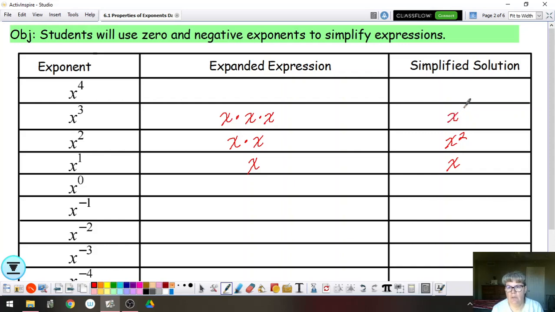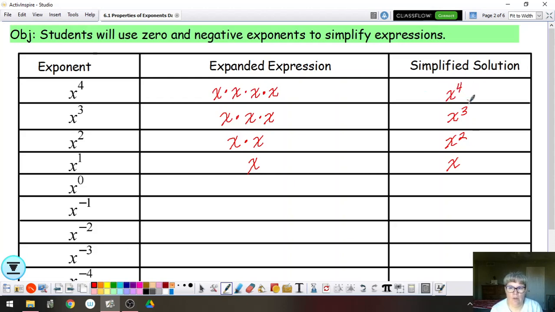Simplified form is x cubed. x to the fourth is x times x times x times x, which is x to the fourth.